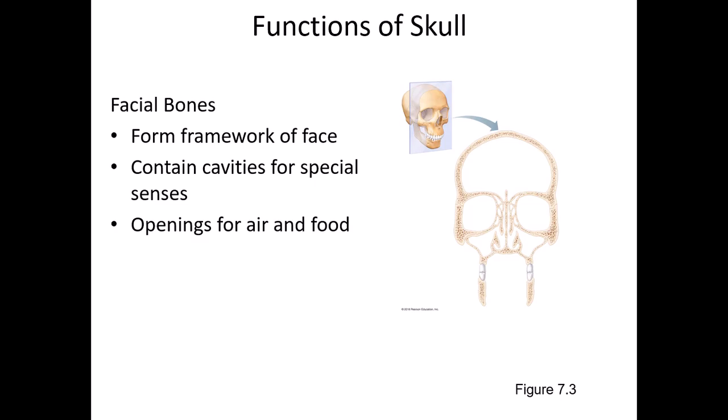They create the openings for our respiratory tract as well as our digestive tract. So the oral cavity is the beginning of the digestive tract where we bring food into the body. And the nasal cavity is the beginning of the respiratory tract where we bring air both in and out of the body.